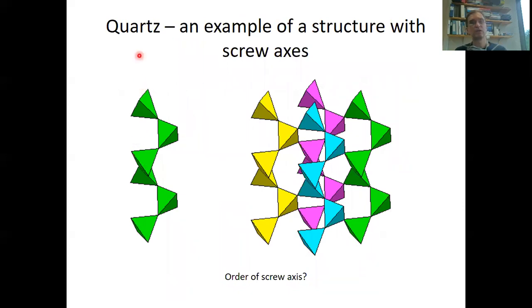So one well-known example is quartz. So you see here excerpts from the quartz structure. In particular, you see here corner-connected SiO4 tetrahedra that build a screw axis, and in this case it's a 3-fold screw axis. Okay, that could be either 3-1 or 3-2.